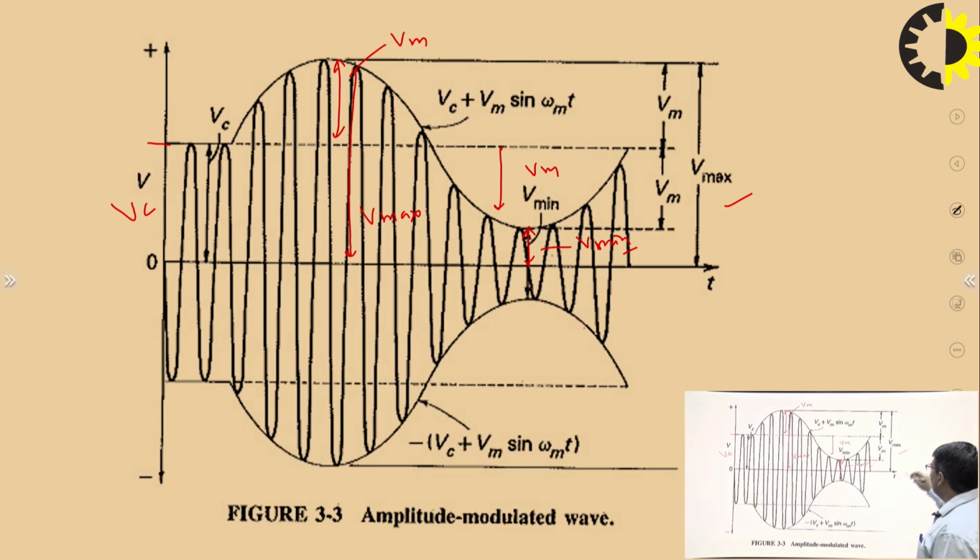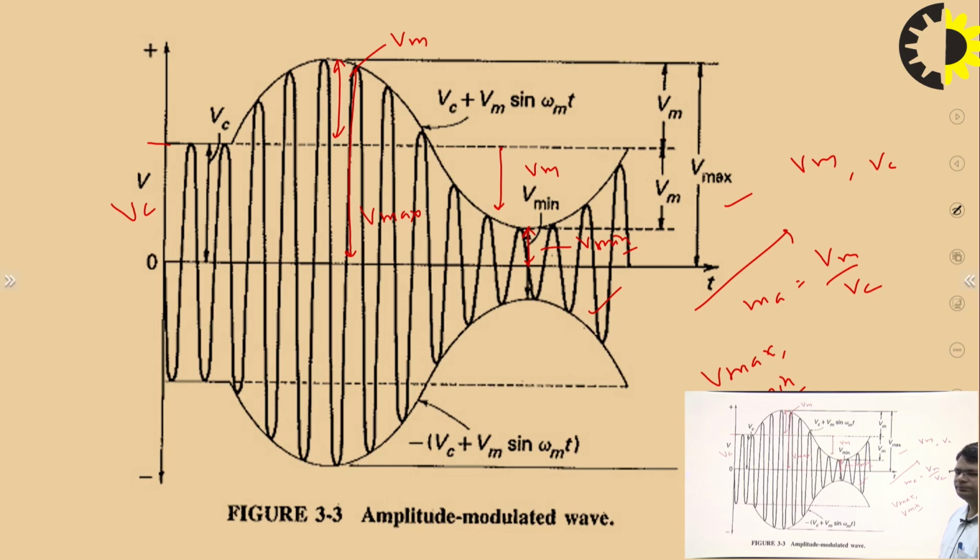From this diagram we can calculate the values of Vm and Vc, so that we can have the modulation index equal to Vm by Vc. We will compute Vm and Vc from this graph in terms of Vmax and Vmin, so that we can calculate the modulation index in terms of Vmax and Vmin.